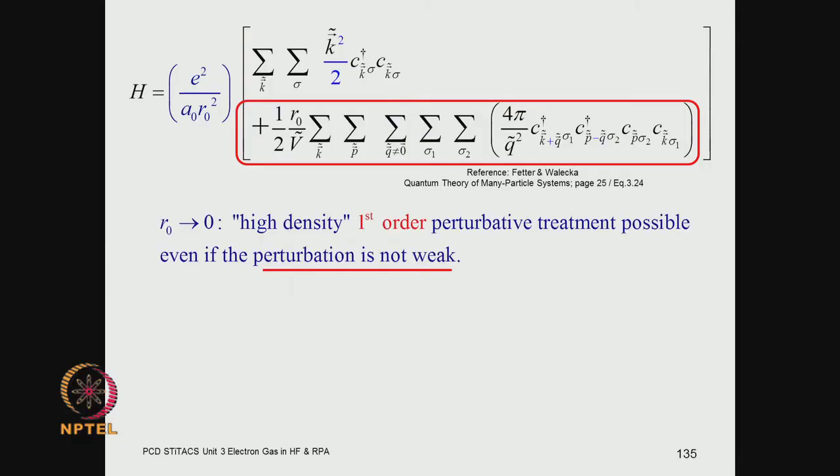And r0 going to 0 is the high density limit, because when you have a large number of electrons per unit volume, the average radius will become small, your scaled parameter r0 will shrink, and in the high density limit you immediately see that the electron-electron term can be treated perturbatively, and now we can use perturbation theory.